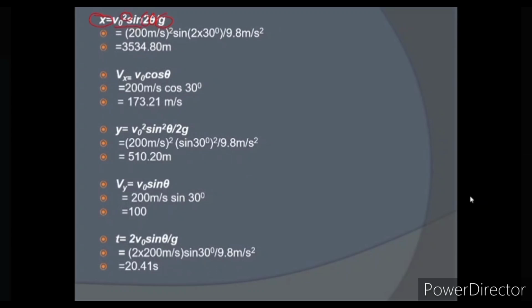So, if you're looking for the time also, you have your 2 times the given, which is the 200, the velocity, sine 30, divide by 9.8. So, the answer is 20.41 seconds. So, this is the time. The unit for the time is seconds.